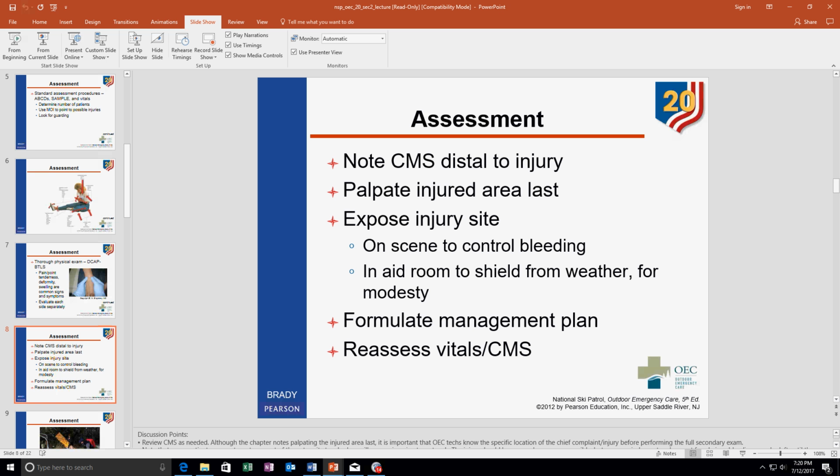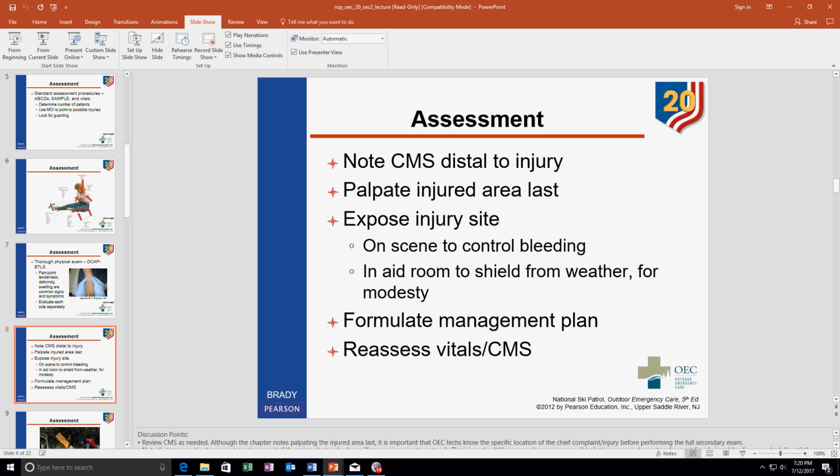Who knows the answer to that one? Deformity. Deformity, right. As you go through these slides and your learning, chapter 20 is critical. Know your acronyms, because you will see them on the test and you will use them in assessment on the hill. That's all I was going to say.